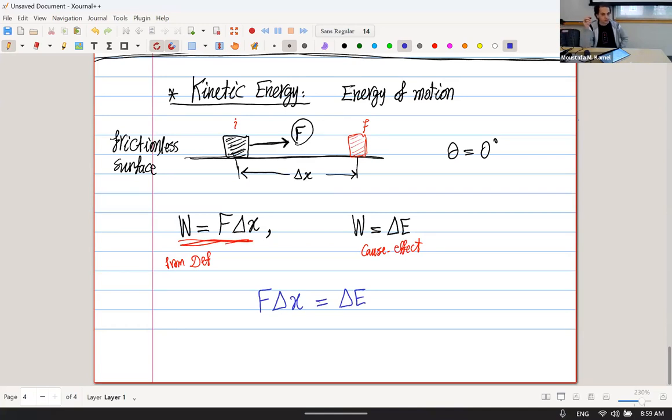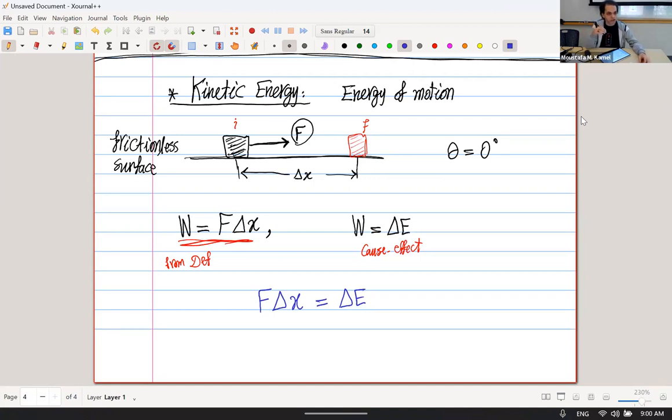In this case, the only energy changed is what? Kinetic energy, right? Is there any other form of energy that's getting changed? Nothing. Because there is no heat transfer, for example, because there is no friction.